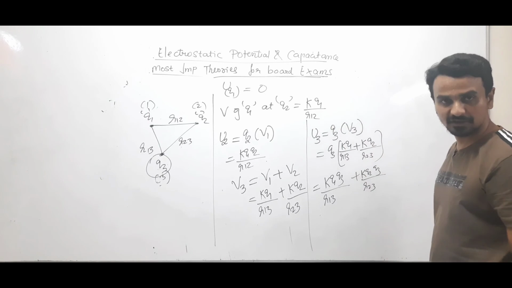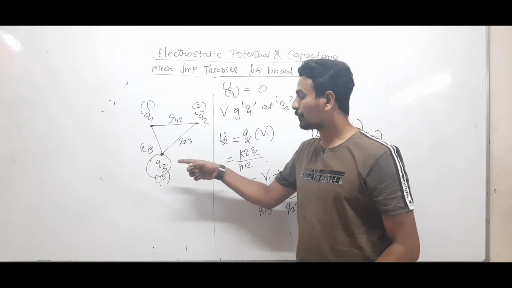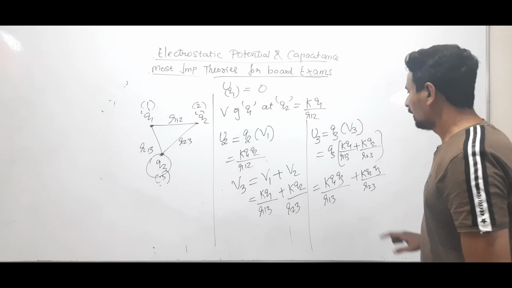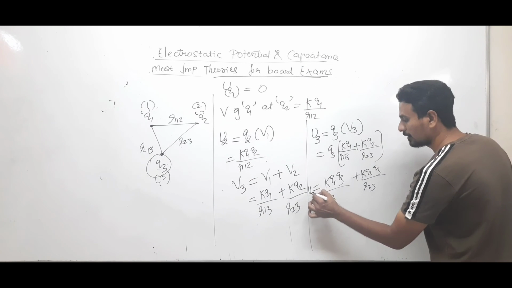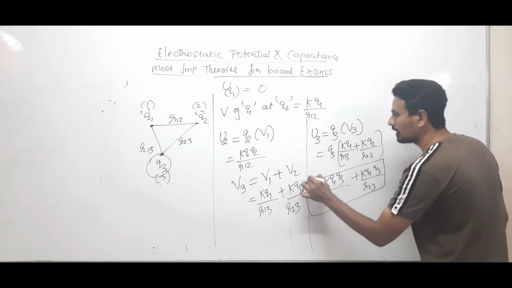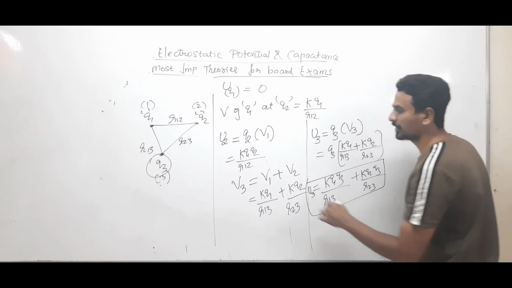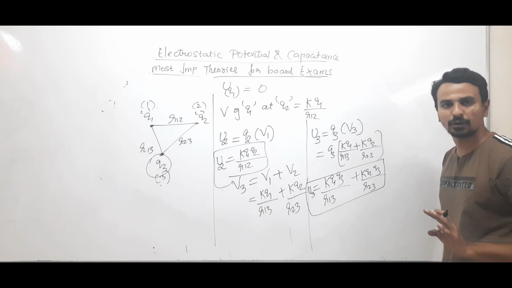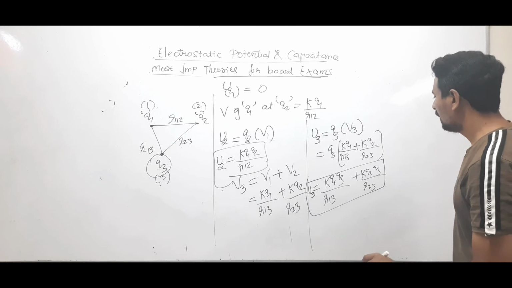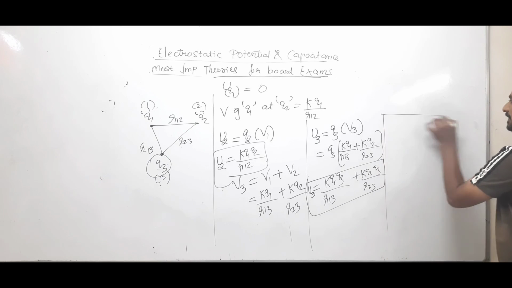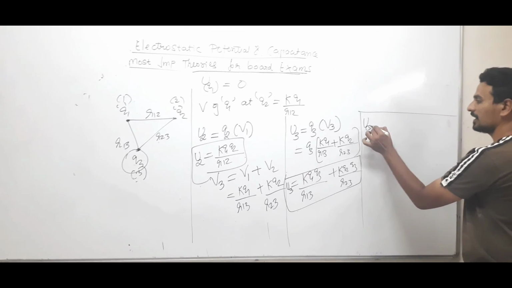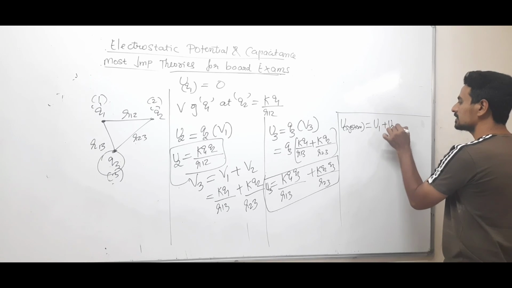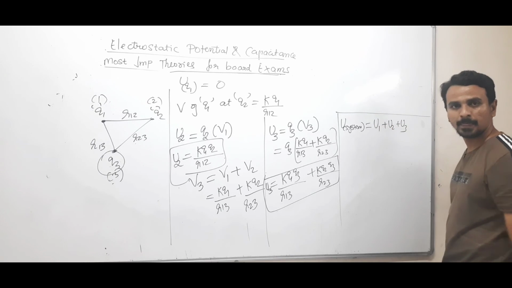If I am taking a fourth charge, then you will have to take the potential of all the charges on the fourth charge. Clear? So this is the potential energy stored in the third charge. This is the potential energy stored in the second charge, and there is no potential energy stored in the first charge. So for the system of three charges, the total potential energy can be written as first, second, third.